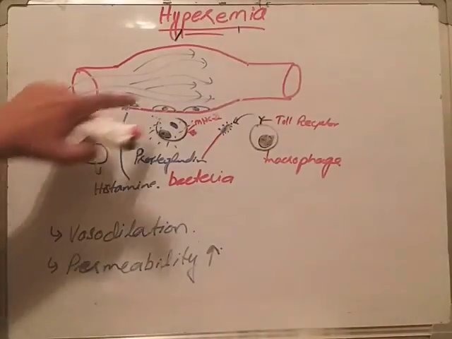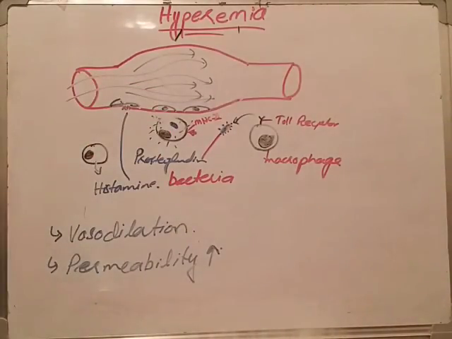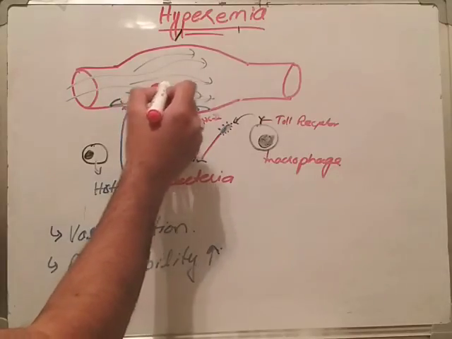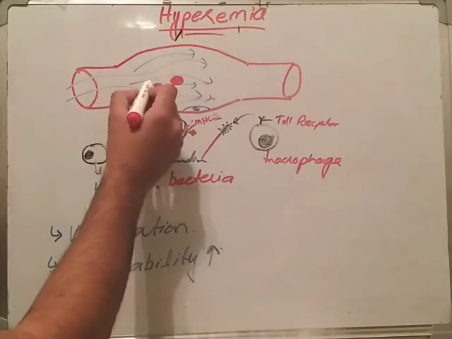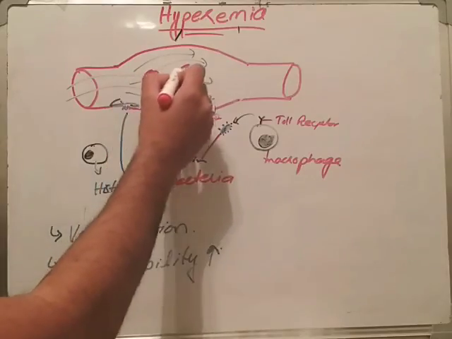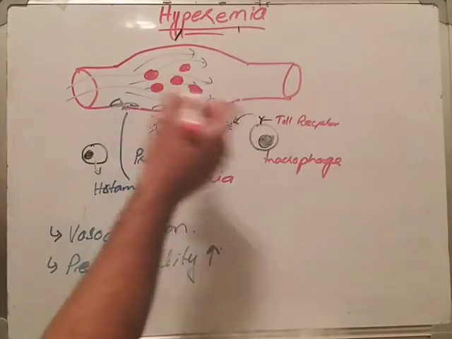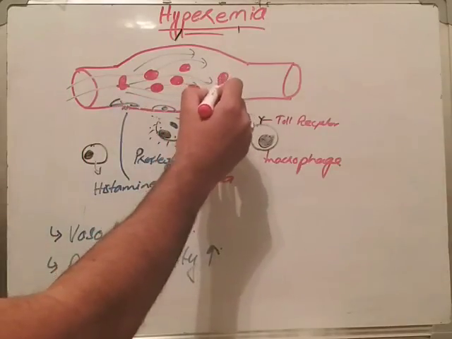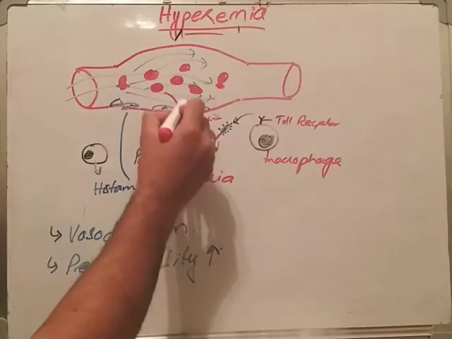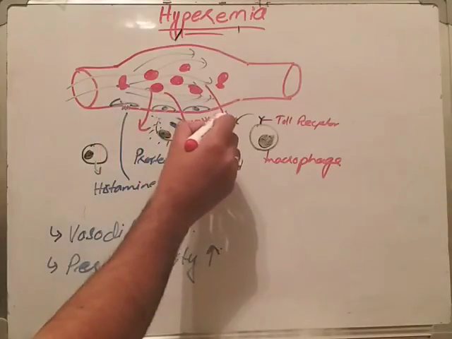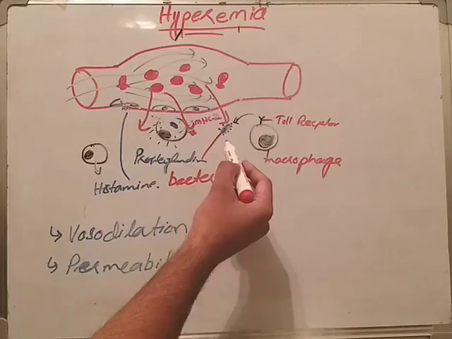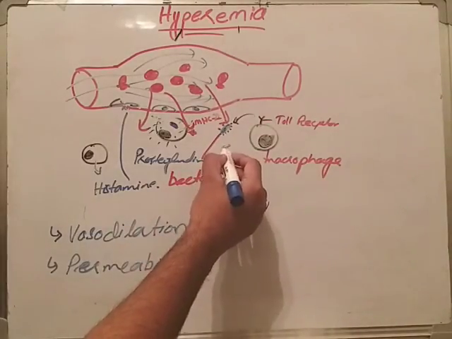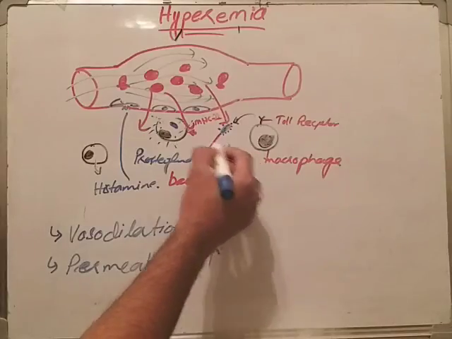So more blood flow means more cellular components, more neutrophils, more monocytes will reach here. More and more complement factors also reach here, and they cross the membrane and come to the interstitium, and they cause the destruction of the bacteria and start engulfing the bacteria present here.